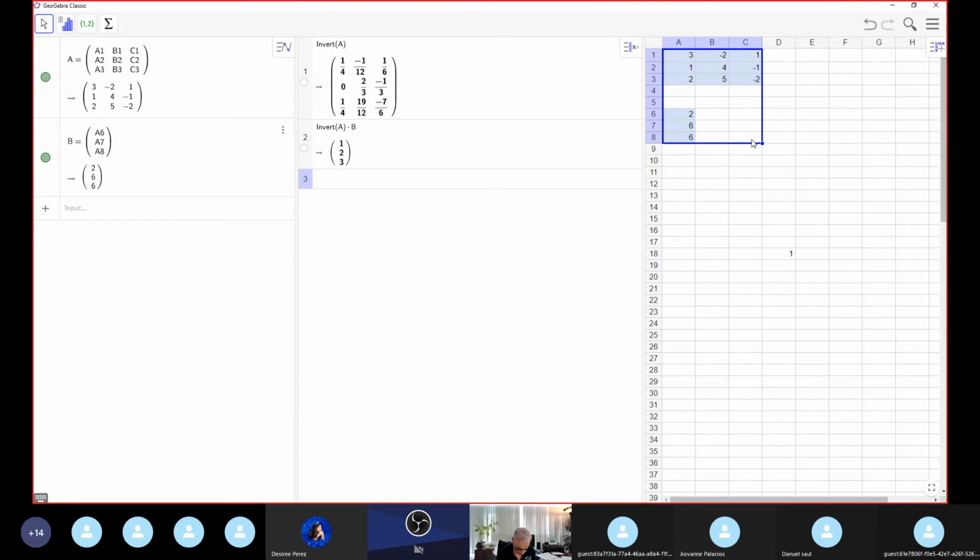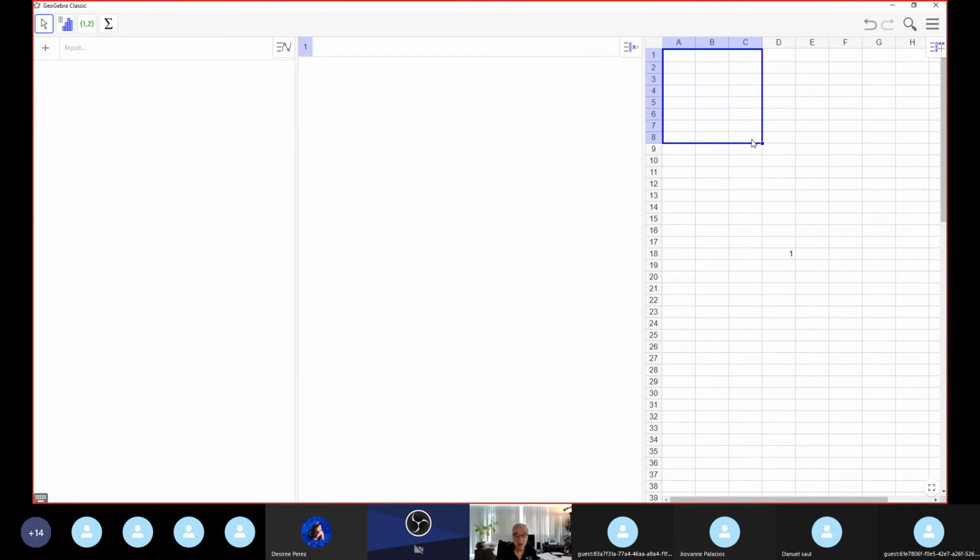Okay, new example. Create the habit to clear the workspace. And you copy in any place, guys, in any place. You copy 1, 4, 1, 3, 5, 5 again, negative 2.